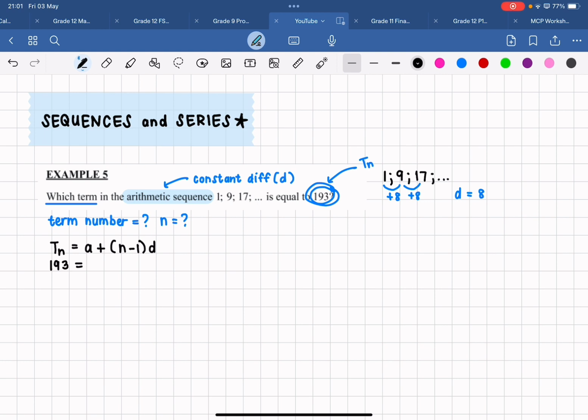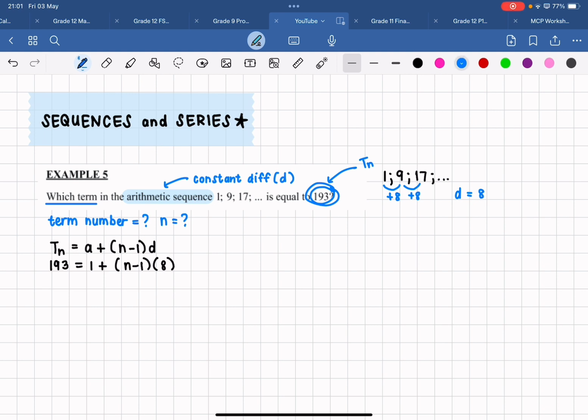From this number pattern, we can see that a, which remember represents the first term, is 1, plus, since we are calculating n, we don't have a value for n. That is what we need to work out in this question. So I'm going to leave that as n minus 1. And then d, our constant difference, we have already determined that that is equal to 8.